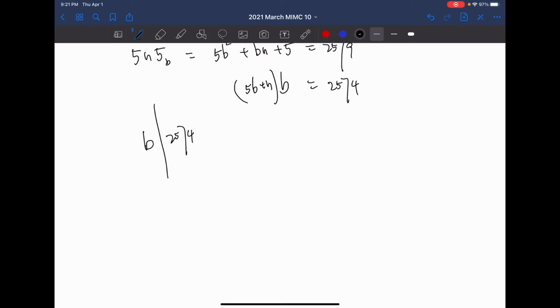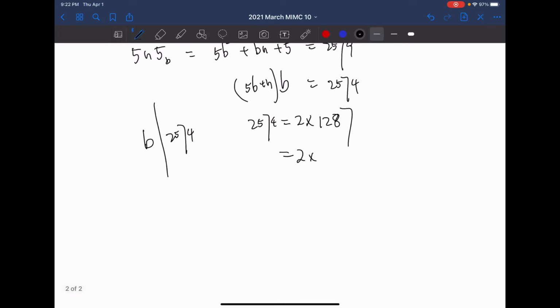So we can factor that number. 2574 is divisible by 2, definitely, because it ends with a 4. The digit sum is 18, so it is divisible by 9.